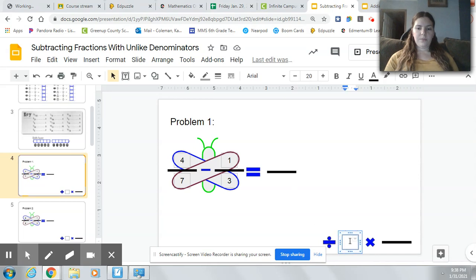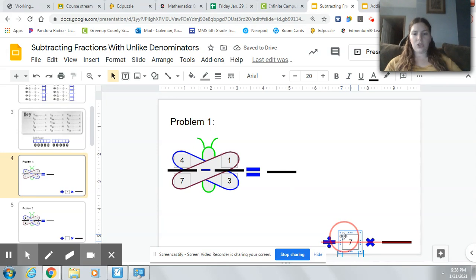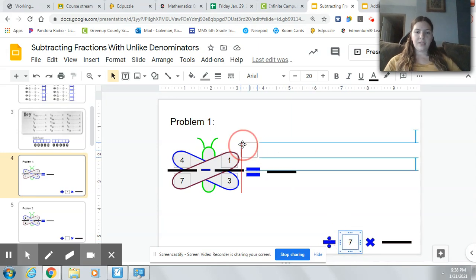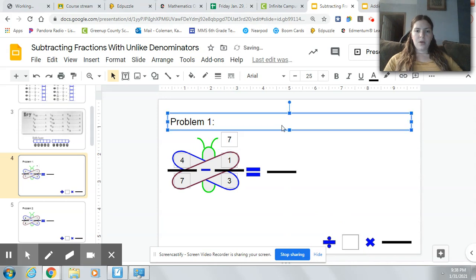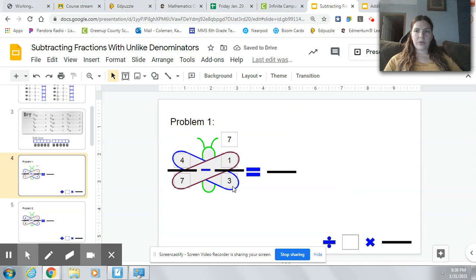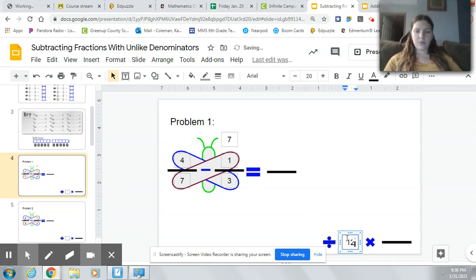That's going to be 7. And I'm going to put that next to the purple antenna up here. We also have to multiply the other 2 numbers connected by the blue wing. So the numerator of this fraction times the denominator of the other fraction. So 4 times 3, which would be 12. And then I would take that next to the other antenna.